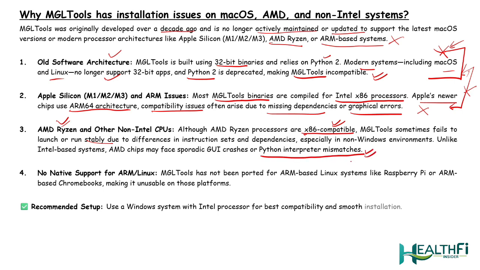Be careful, because even with the Windows operating system, if you have a Ryzen or AMD-based processor that is not Intel, there is an issue and it will keep crashing. So better avoid this system also.